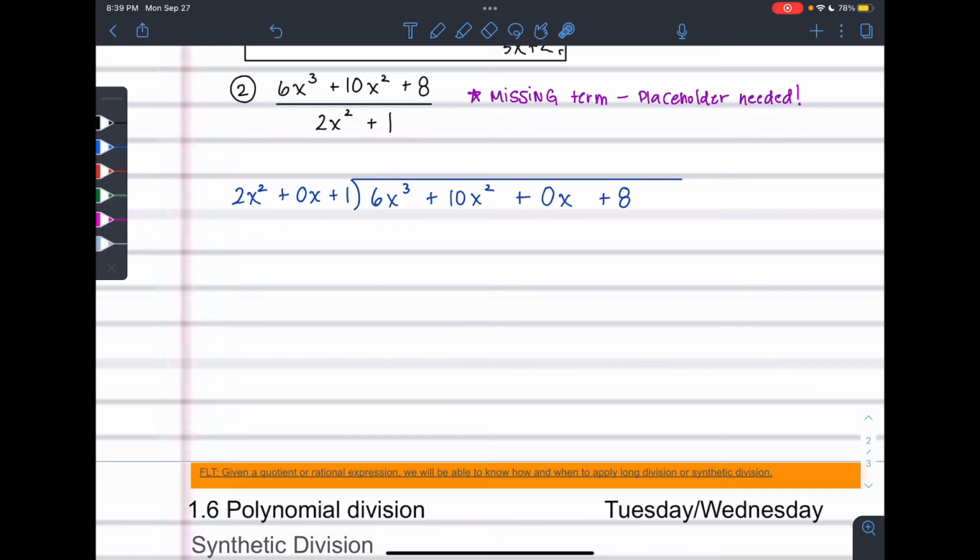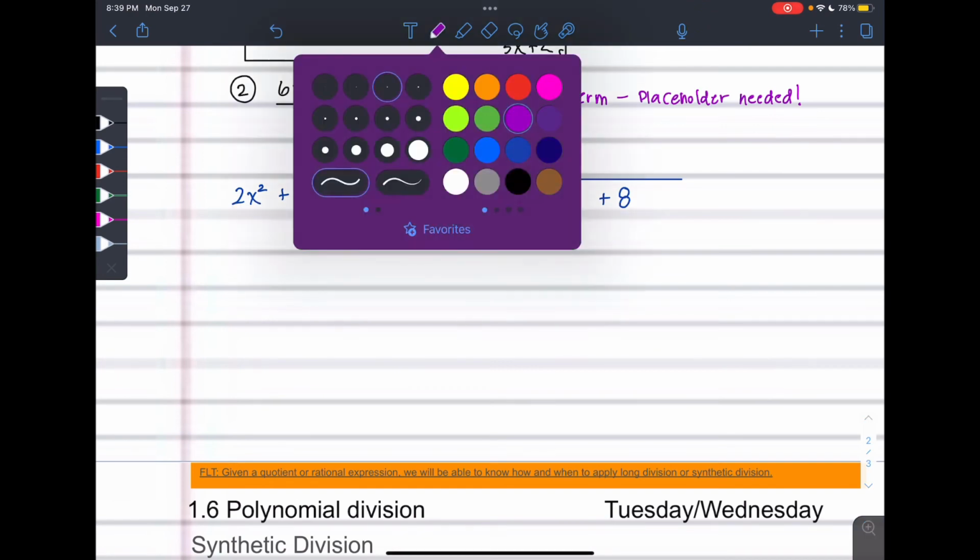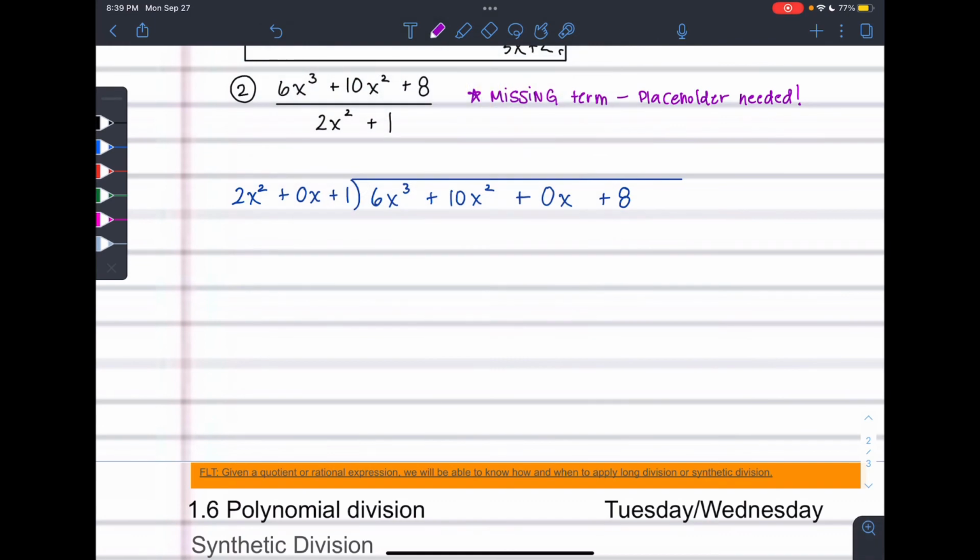So compare 2x squared to the highest degree in our right side, the highest degree on the left compared to the highest degree on our right. 2x squared times what gives us 6x cubed? That will be 3x. So our 3x gets placed above our x term.